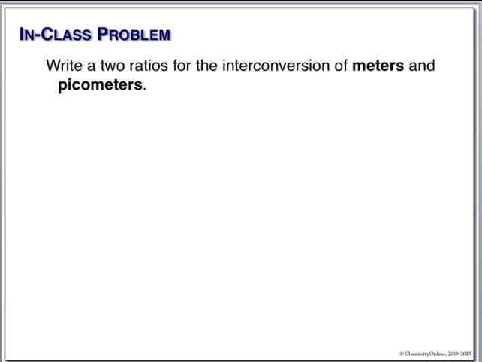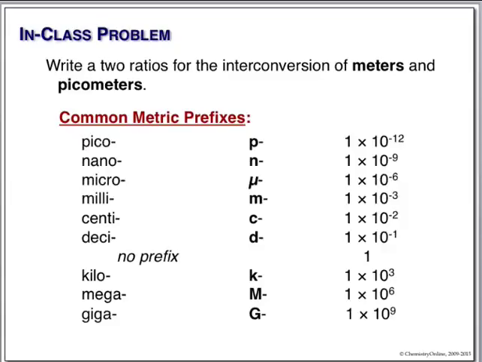Now step 1, you need to remember your prefixes. The ones that we use commonly will become so ingrained in your head that you don't need to really think about it.